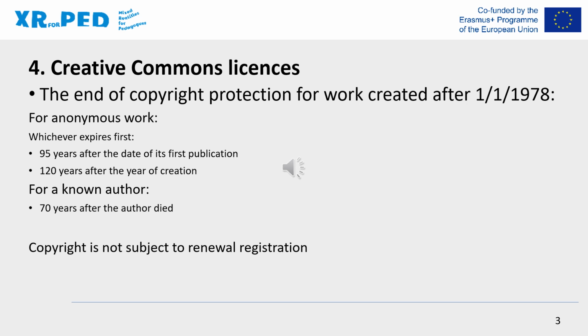But when does copyright protection end? Well, let's consider only work created after the 1st of January 1978. For anonymous work, it is 95 years after the date of its first publication, or 120 years after the year of creation, whichever expires first.